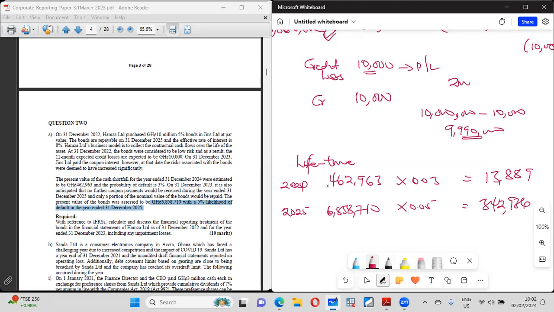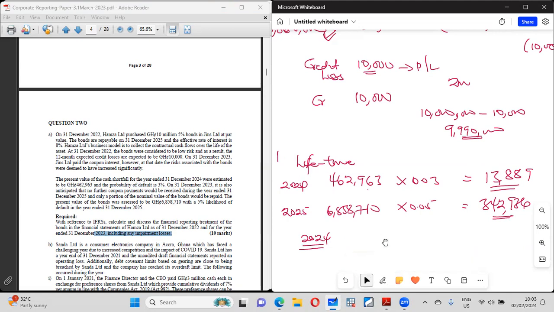Don't forget, in this respective, we are supposed to do for only 2022 and only 2023. Oh, wow. So it means that even this one, all we need to understand is that with this one, the interest income, we need not to even do it. Because what is going to happen in this case is that the interest income of 8% would be calculated on, if you take 2024, it will be calculated on what?